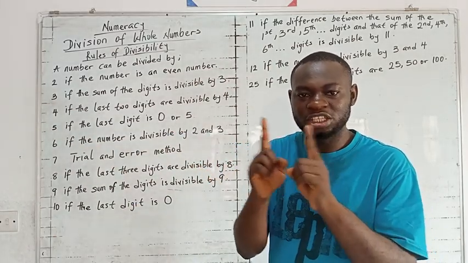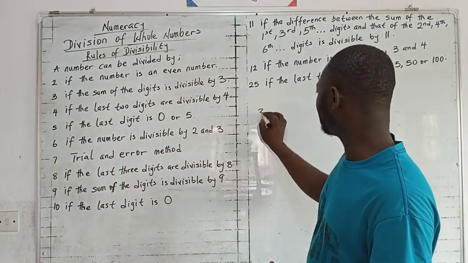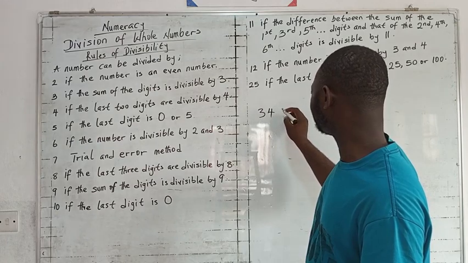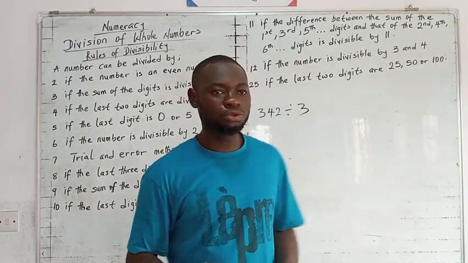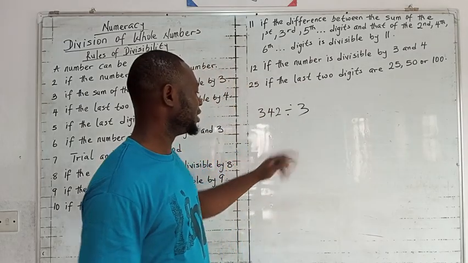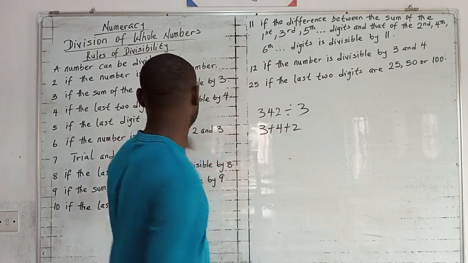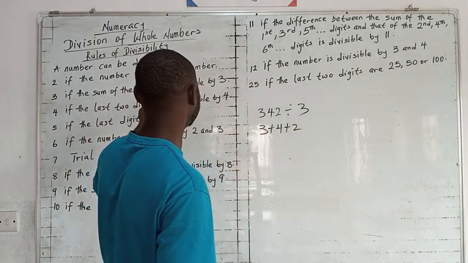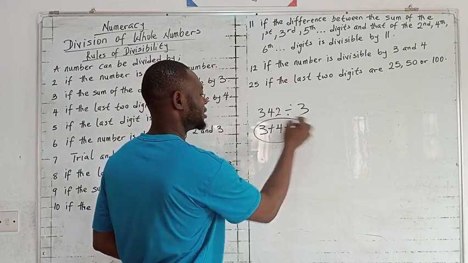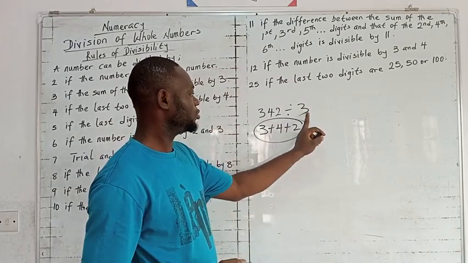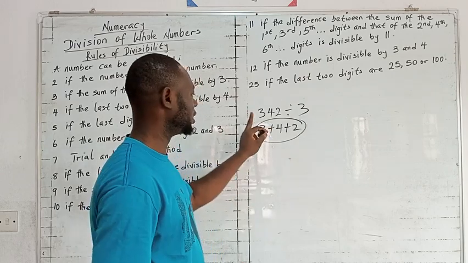If you add the digits of the number, let's say we have something like 342 divided by 3. To see if 342 can be divided by 3, we simply do 3 plus 4 plus 2. That's what it says: if the sum of the digits is divisible by 3. So when we add this, we will look at whether 3 can divide the number we get. If 3 can divide that number, then 3 can divide this number.